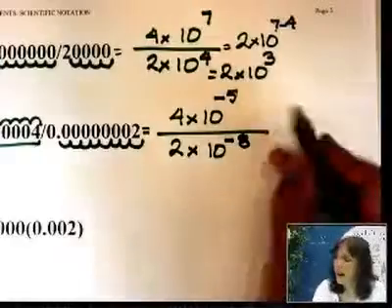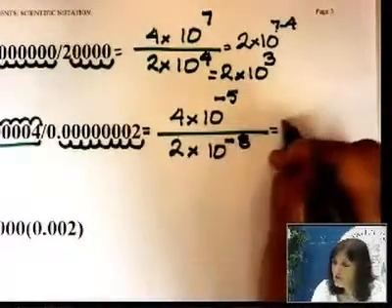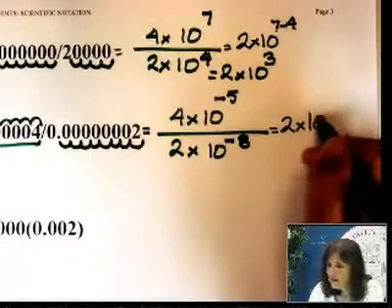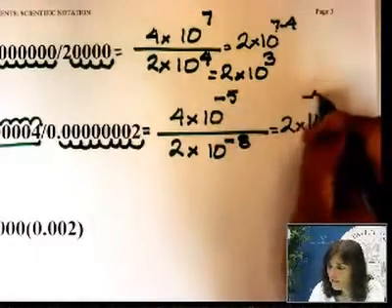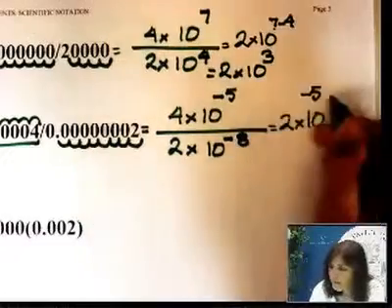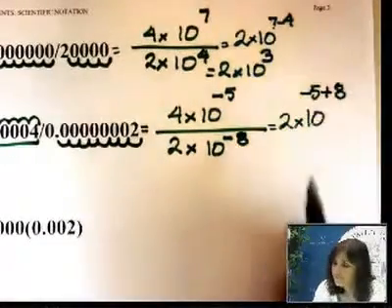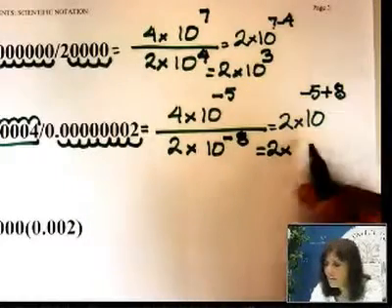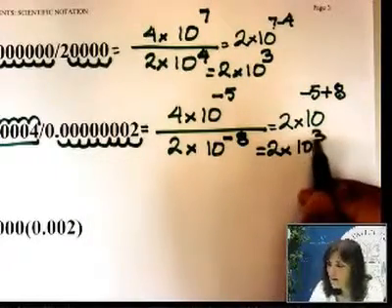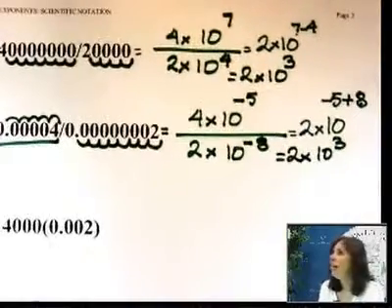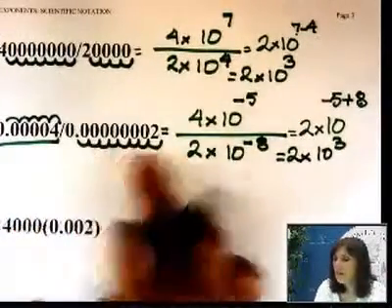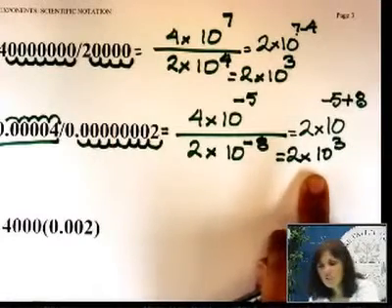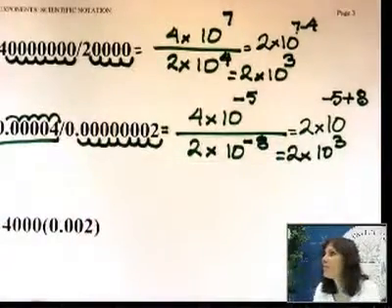Now, let's divide. 4 divided by 2 is 2. Let's do the exponents. 10 to the, I have a negative 5. When I move this up, it becomes positive 8. So negative 5, positive 8, that's positive 3. Here we go. Guess what? This is way easier, the exponent notation, scientific notation is way easier than dealing with all these zeros.